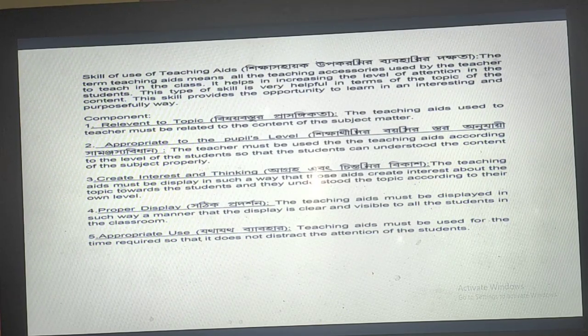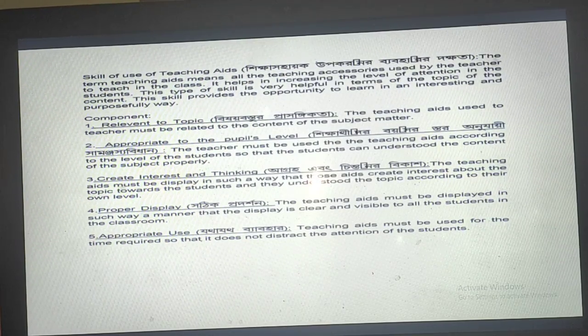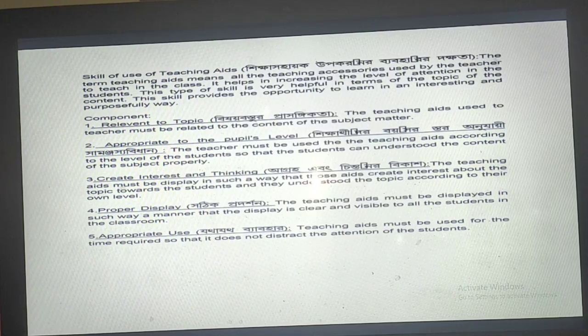These are the main criteria, the level of student age and the level of students.